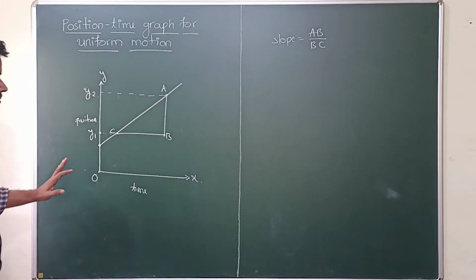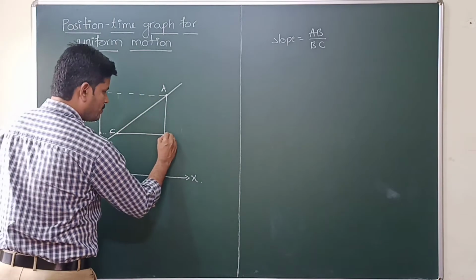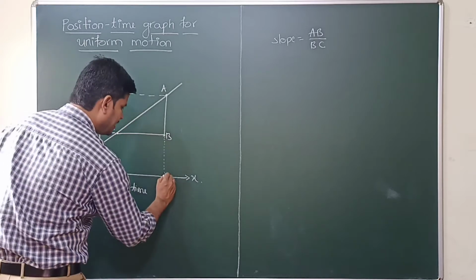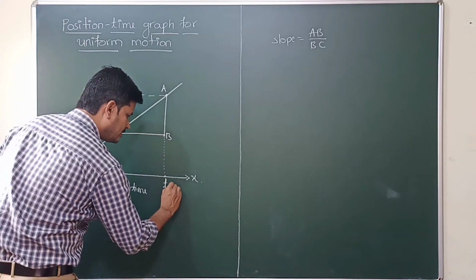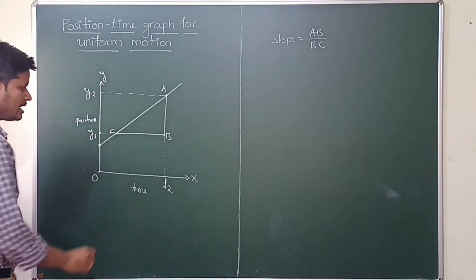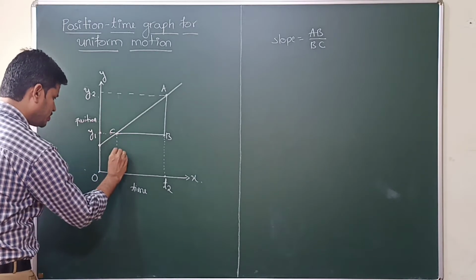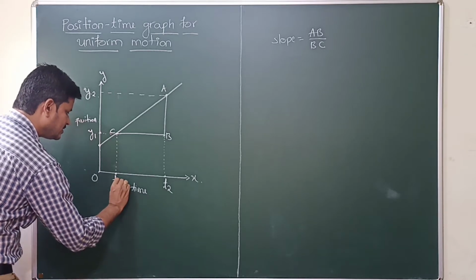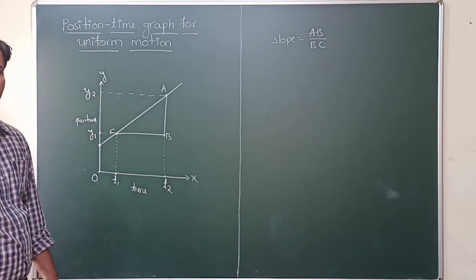Similarly, for the x-axis, the position for the particle B is t2, and for C it is t1, right?